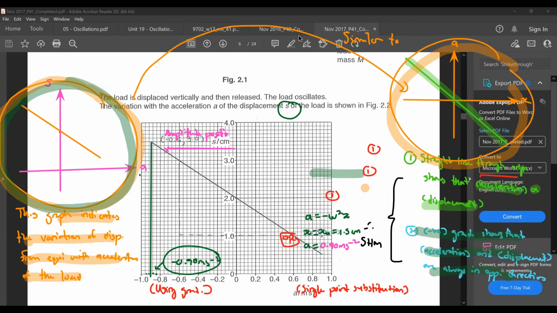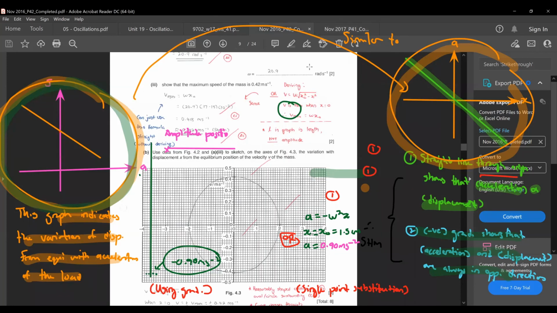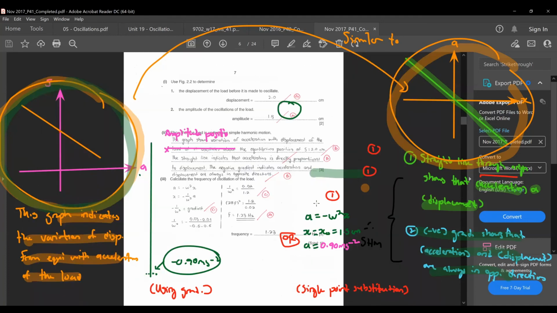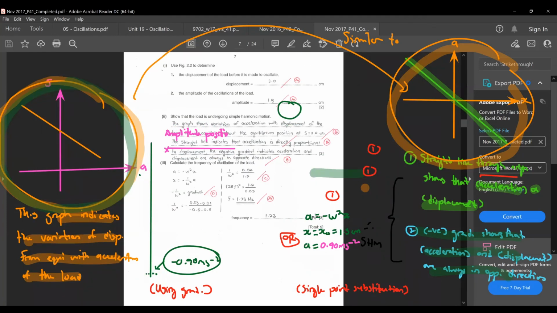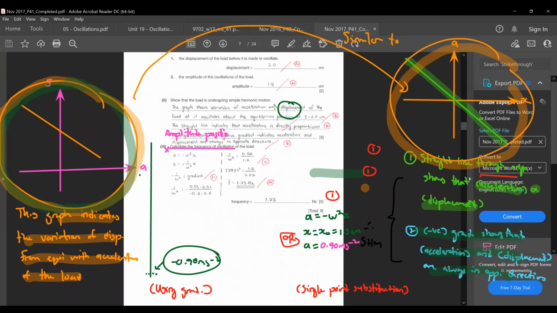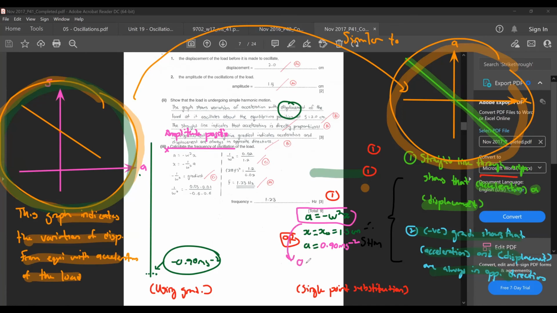So what you could have done is, if you already know the amplitude value and the acceleration value corresponding to your amplitude, you could have just straight away used this equation and subbed it in. You get 0.90 equals to negative, okay, now just omit the negative because you don't really want to bother about that, 2 pi f squared times 1.5 times 10 to the power minus 2.